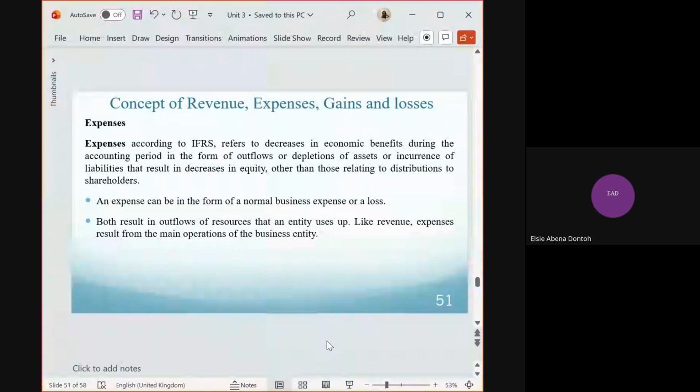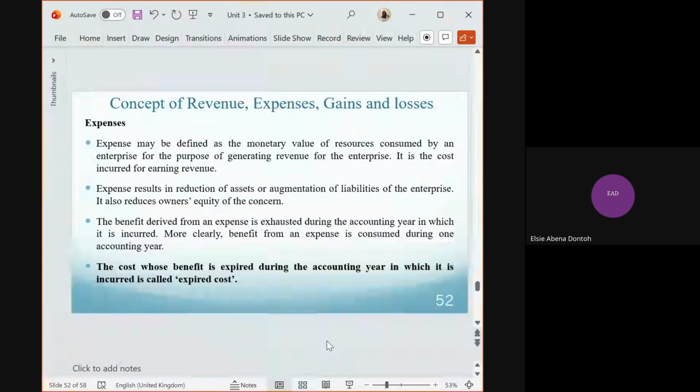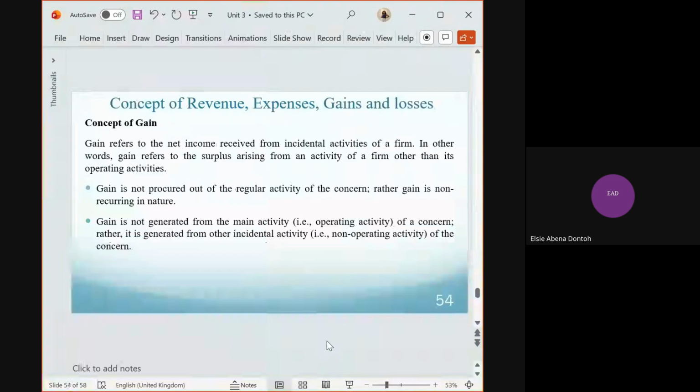Then we move on to expenses. It refers to decrease in economic benefit during the accounting period, outflows or depletions of assets, or incurrence of liability that result in decrease in equity other than those relating to distributions to shareholders. Gains refers to the net income received from incidental activities of a firm.